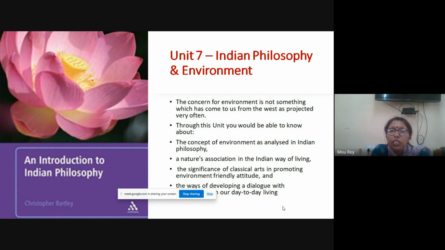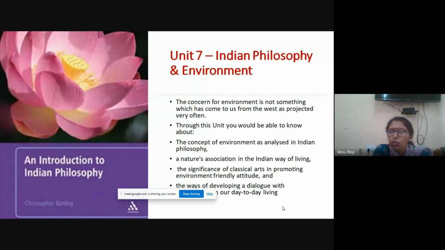Now, moving ahead, we have unit 7, that's Indian philosophy and environment. See, the concern for environment is not something which has come to us from the West as projected very often. People will say conserving the environment has come from the West.